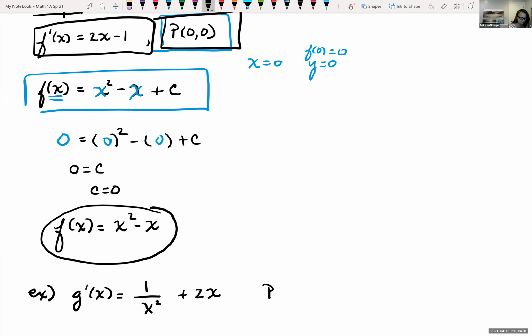And a point, (negative 1, 1), is on g of x.